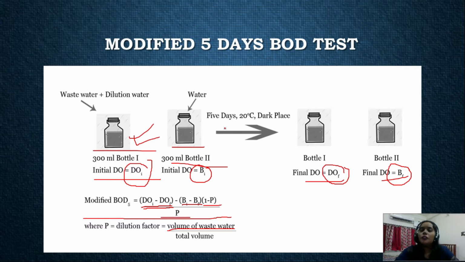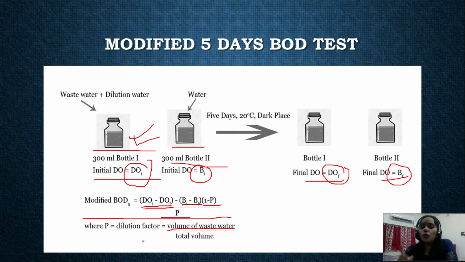So this we have already discussed, and this is the recapitulation of the previous topic. Based on this equation, today we will solve the problems. That's why I have given some glimpses of the previous class, so that you can remember, yes, this is the modified test, yes, this is the 5 days BOD test, and these are the formulas.